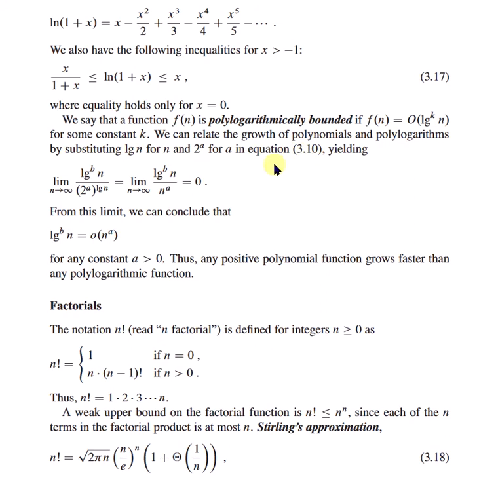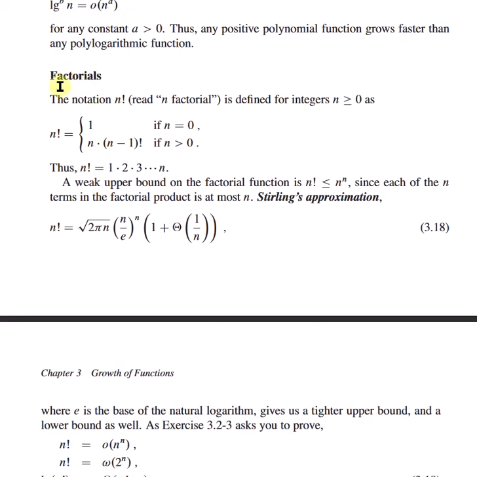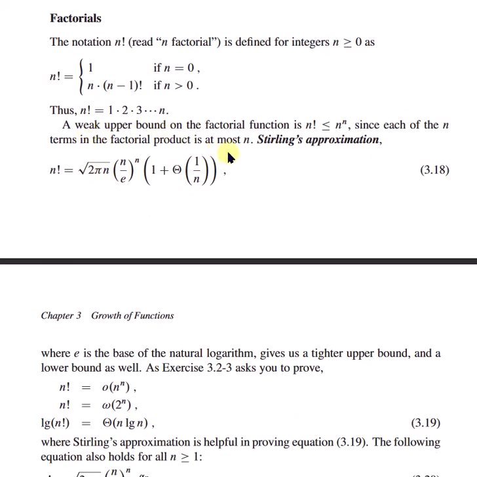We say that a function is polylogarithmically bounded if, okay, this is again the mathematics. The notation n factorial, read as n factorial, is defined as, okay, this is a recursive definition. A weak upper bound on the factorial function is n factorial is less than n to the power n, since each of the n terms in the factorial product is at most n.